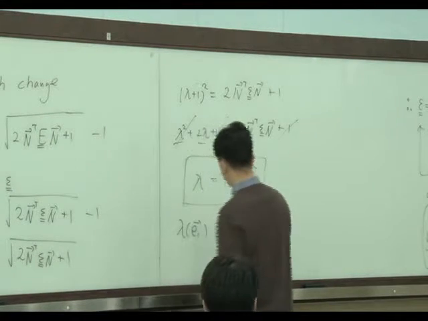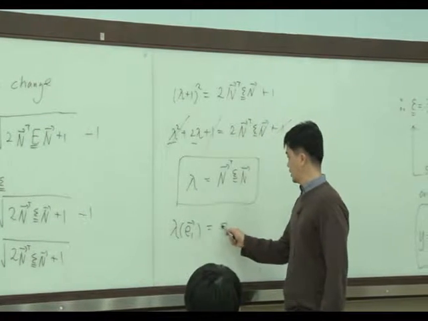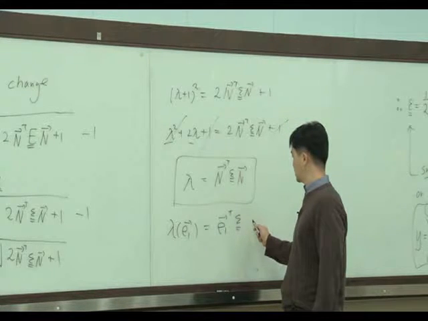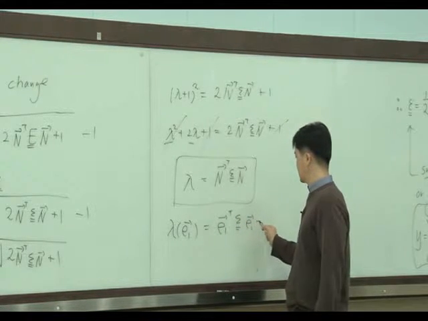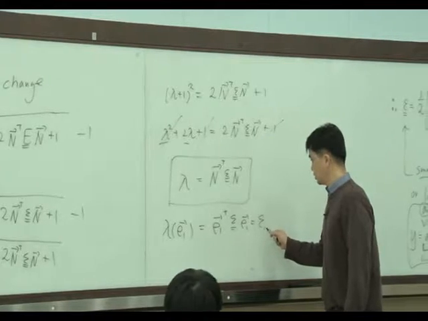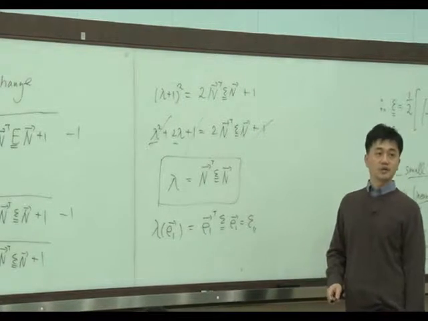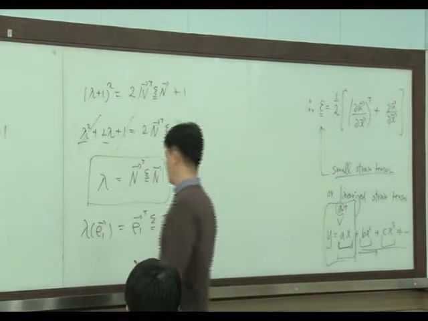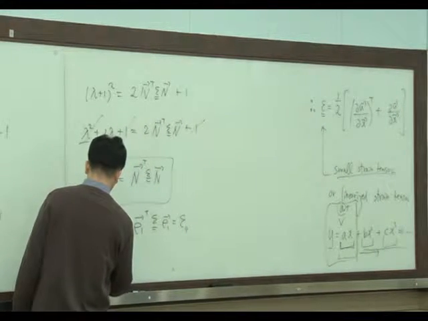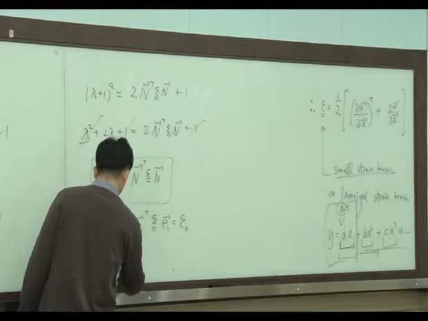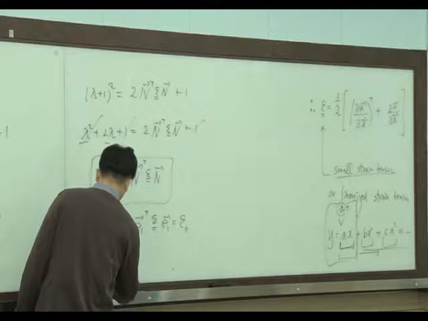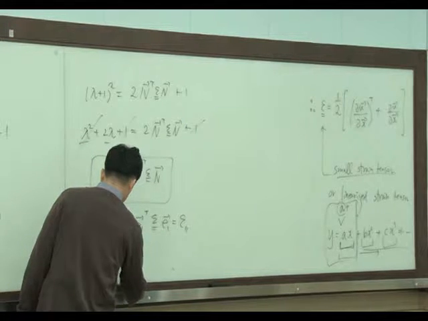Then it gives us E1 transpose small strain tensor E1, which gives us just E11. Similarly, lambda E2 is E22, lambda E3 is E33.